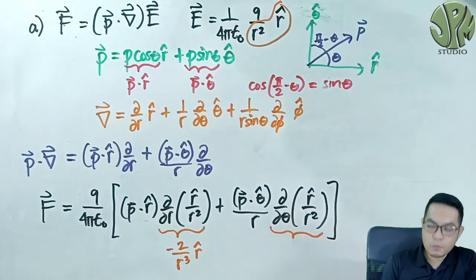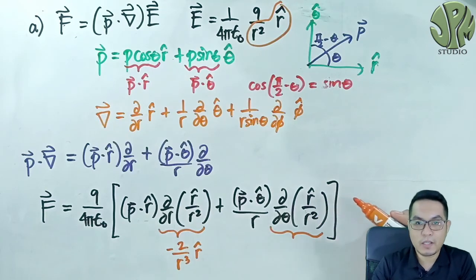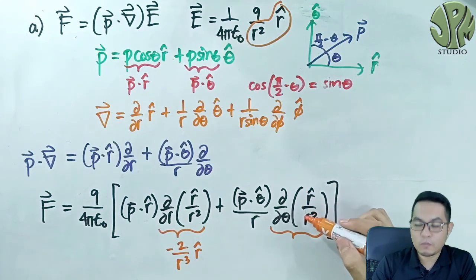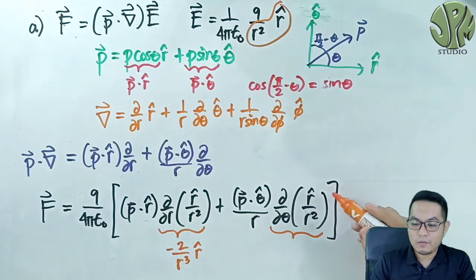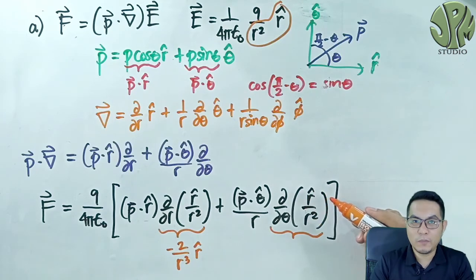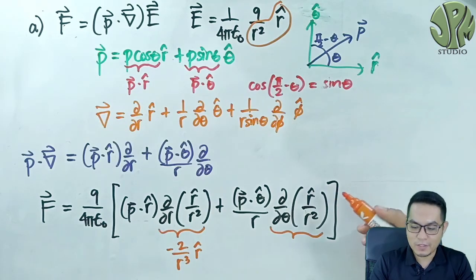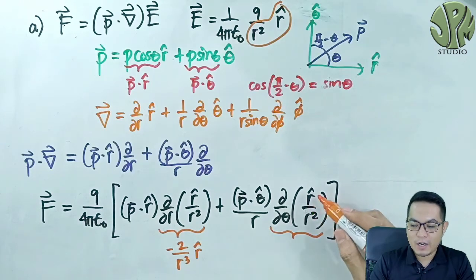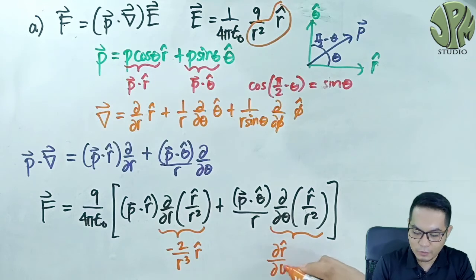Similarly, this will also have two terms: the differential with respect to theta of 1 over r squared, plus the differential of r hat with respect to theta. But the differential of 1 over r squared with respect to theta is 0, meaning the only term that survives is the derivative of r hat with respect to theta.